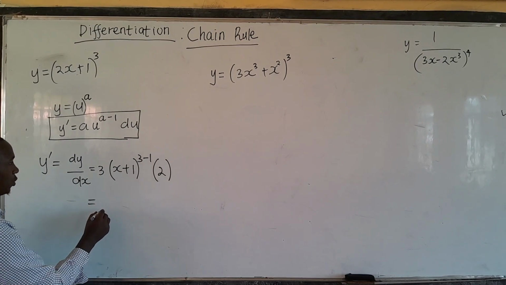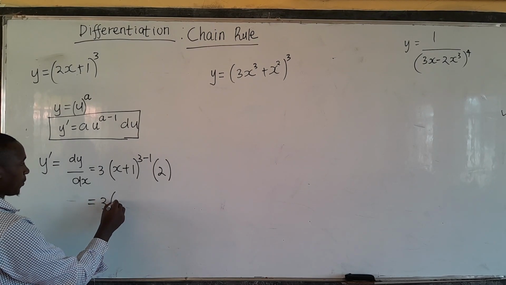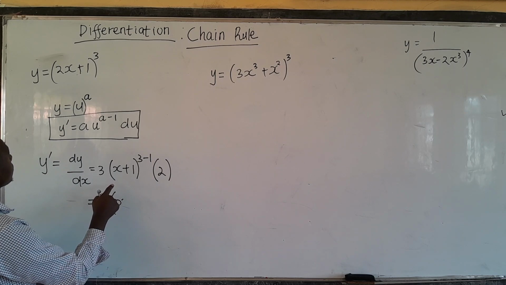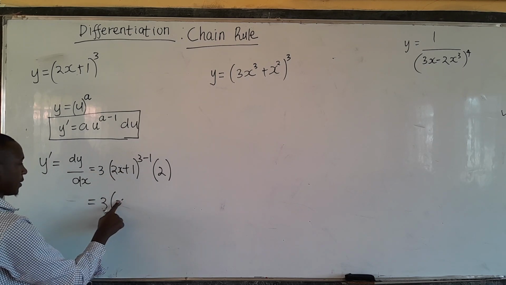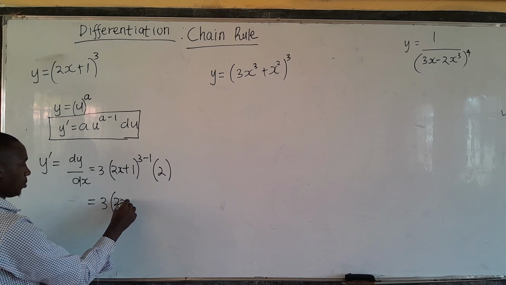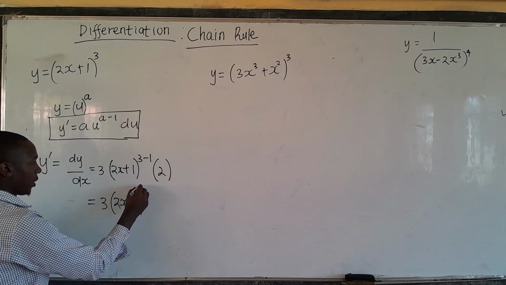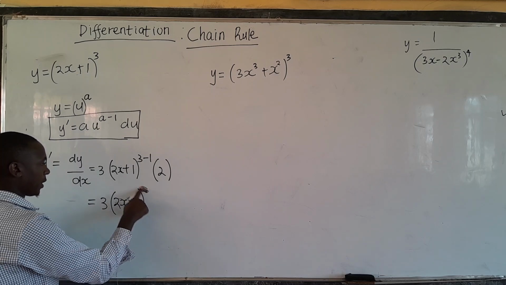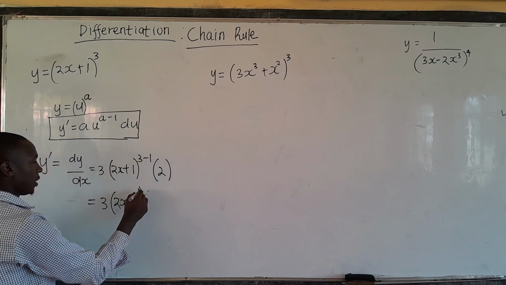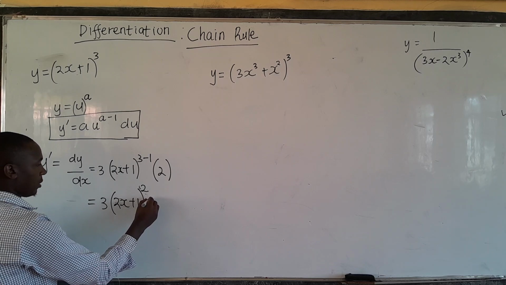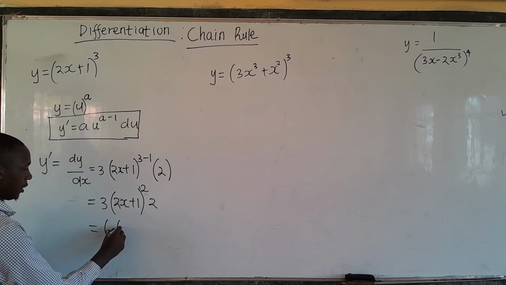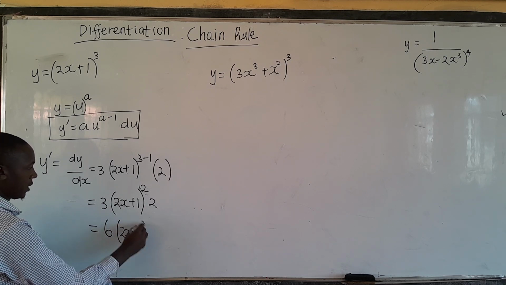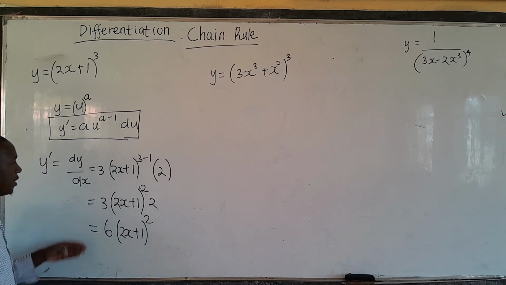It's going to be equal to 3 multiplied by (2x plus 1) power 3 minus 1, which is 2, multiplied by 2. If you multiply 2 by 3, then you have 6 into (2x plus 1) power 2, and that becomes the first derivative of our function right here.